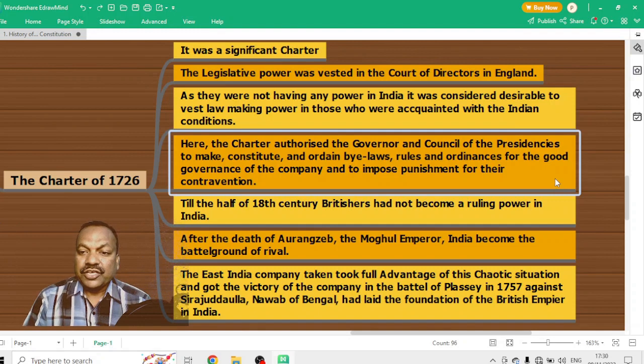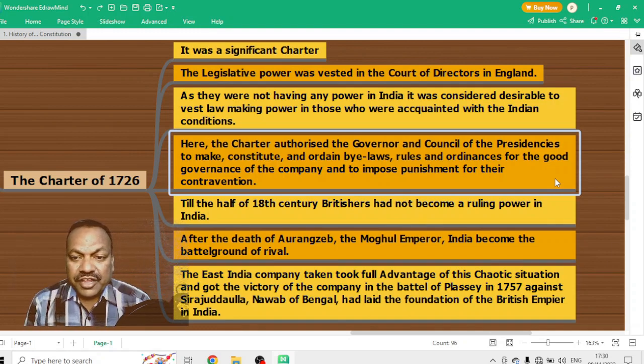The charter authorized the governor and the council of the presidencies to make, constitute, and ordain bylaws, rules, and ordinances for the good governance of the company, and to impose punishment for contravention.